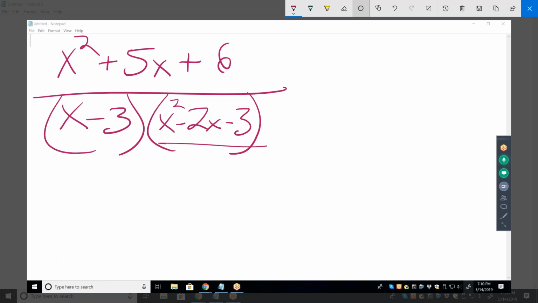So it's x minus 3, and then it's a new fraction. So just times a new fraction. So the x squared minus 2x minus 3 is a numerator on another fraction. I'm confused. Okay, so remove the x squared minus 2x minus 3.